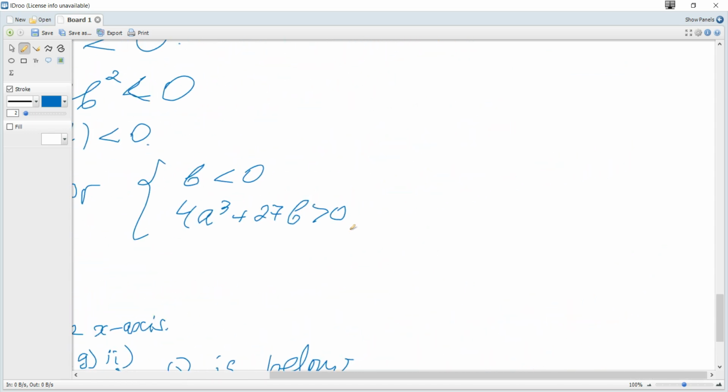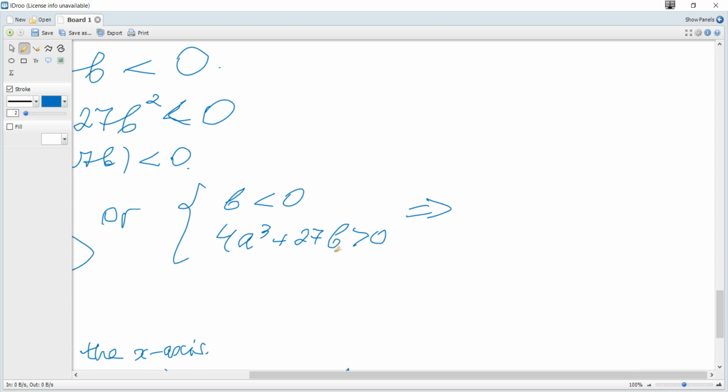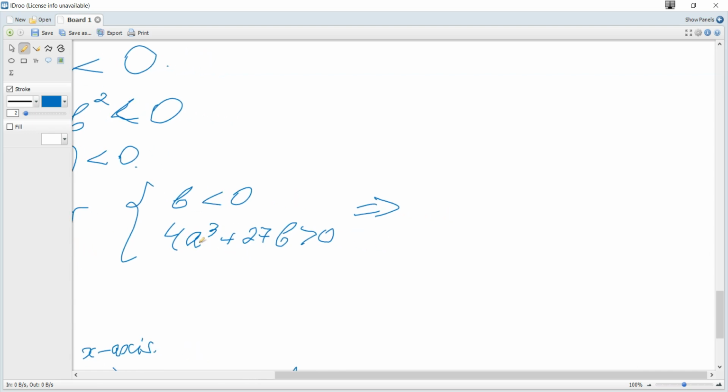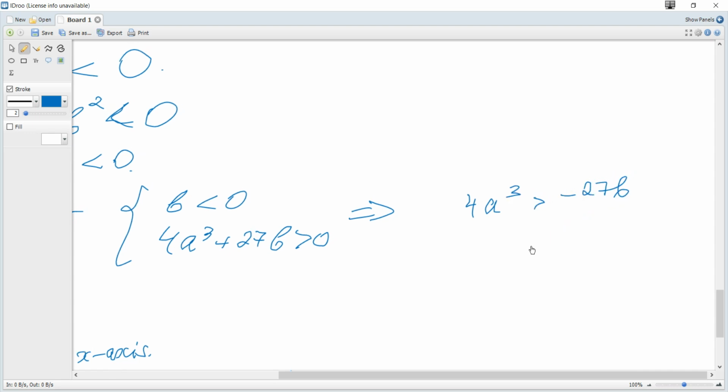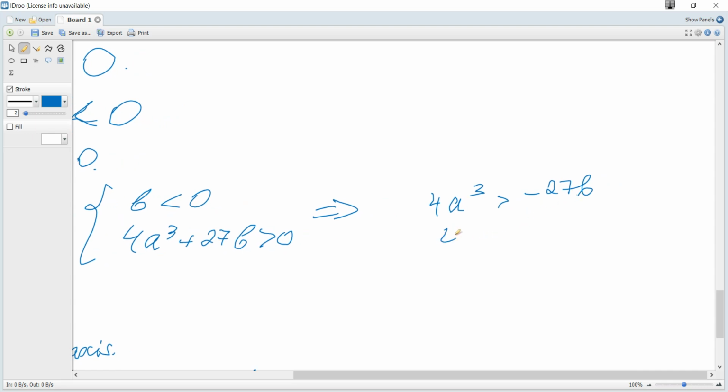And now we should consider this: when b is negative and 4a cubed plus 27b is positive, so 4a cubed is greater than negative 27b, but if b is negative, it becomes that 4a cubed is greater than 0, because it's negative with minus positive, a cubed positive, hence a is positive.